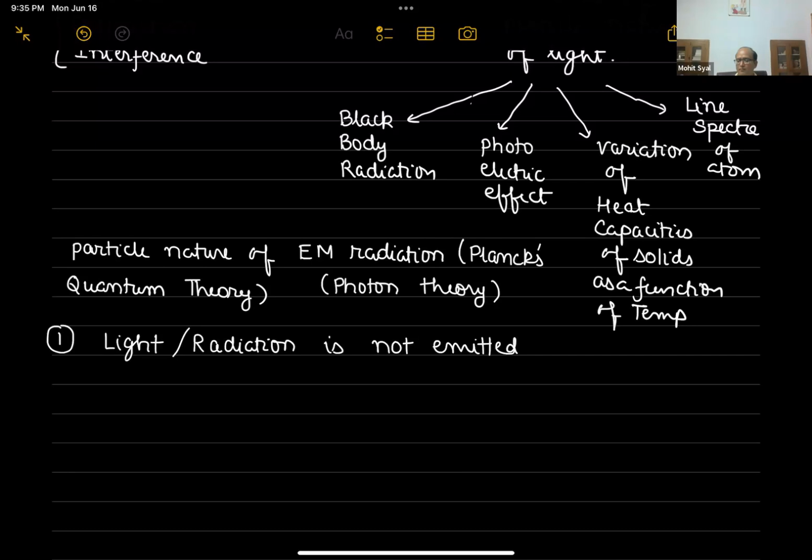It's not emitted or absorbed continuously, but rather discontinuously.